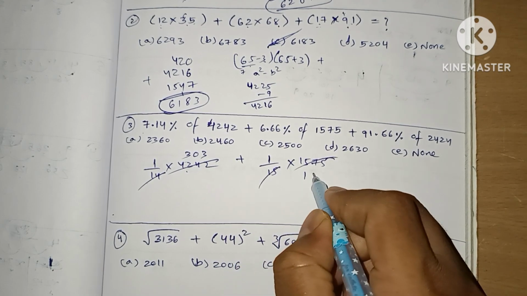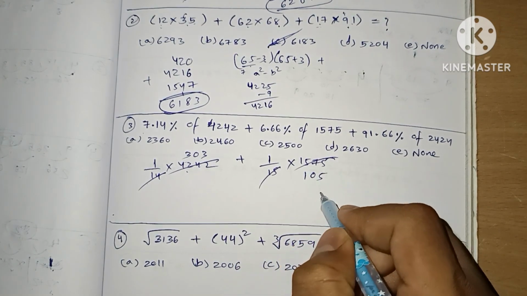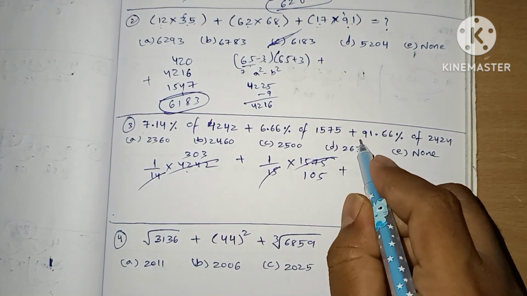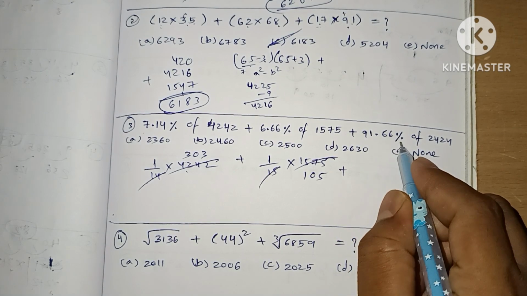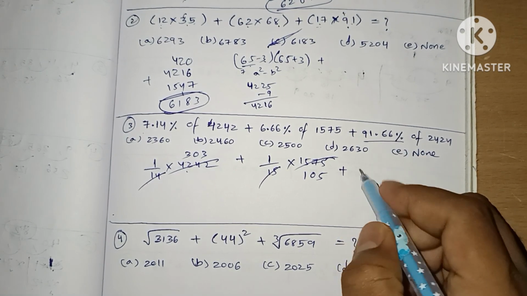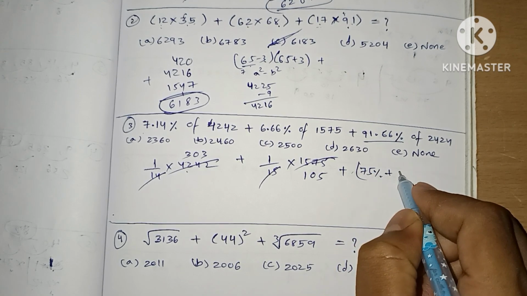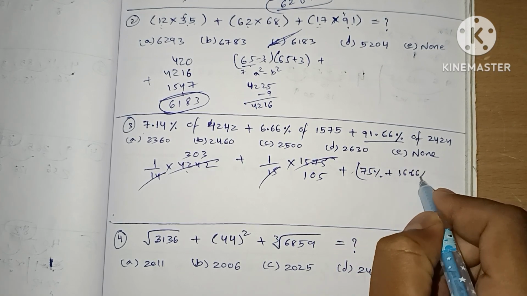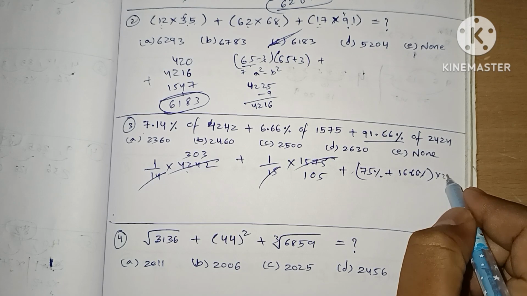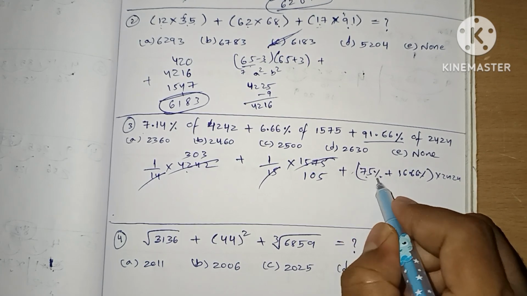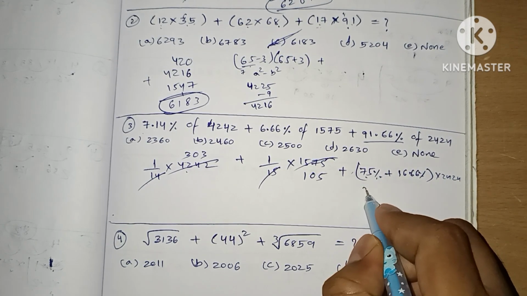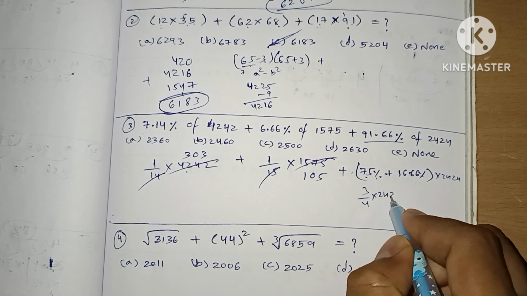15 times 1, 0, and 5 times, plus 91.66 percentage. I can divide this as 75 percentage plus 16.66 percentage into 2424. 75 percentage of 2424 means 3/4 of 2424.